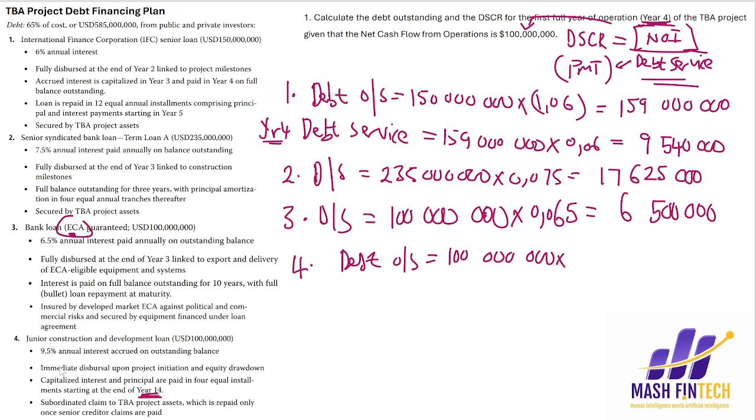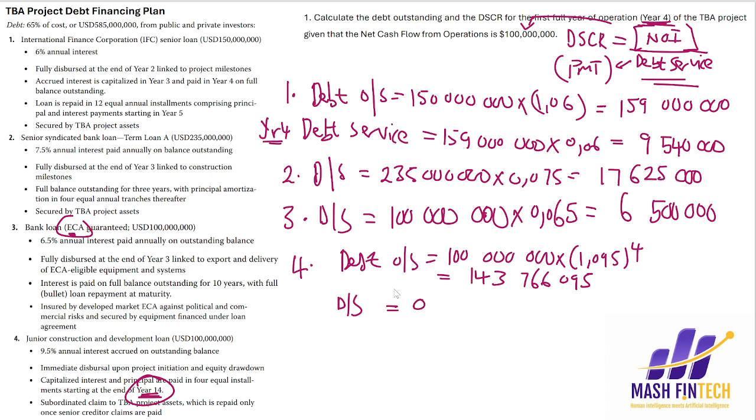After 4 years, because it was disbursed immediately, so it's 4 years, we take the interest of 9% to the power of 4. And then when we multiply these numbers, we must get 143,766,095. And the debt will only be serviced 14 years from now. So there's no debt service here.